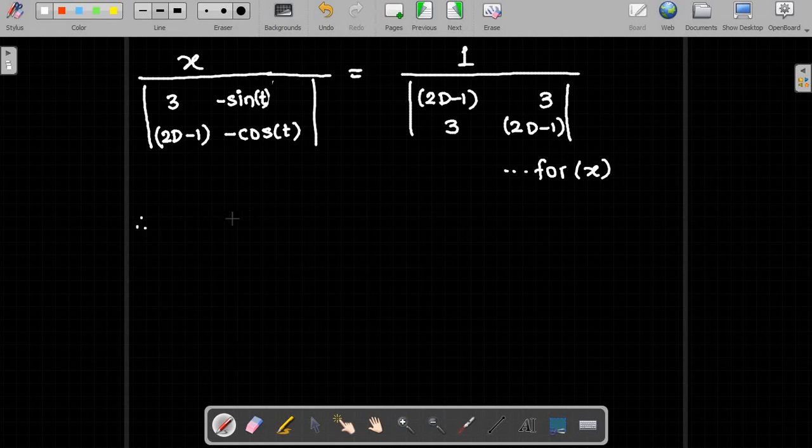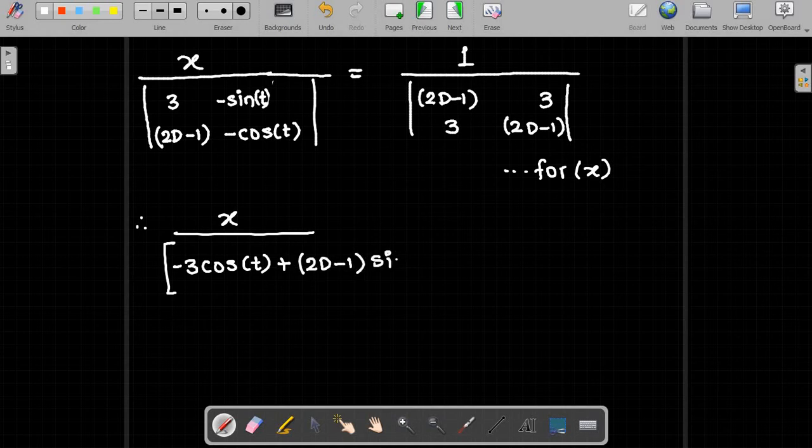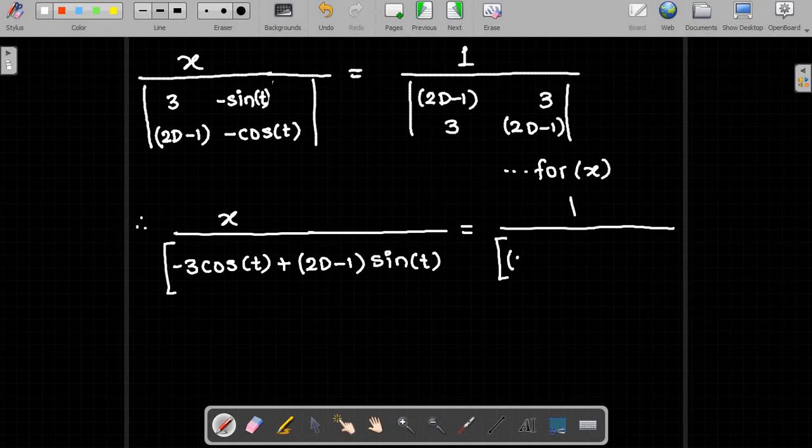Therefore, x upon, so this determinant will be minus 3 times cos t minus (2D minus 1) into sin t. So this is on the left hand side. On the right hand side, if we simplify, this is (2D minus 1) bracket squared minus 9.